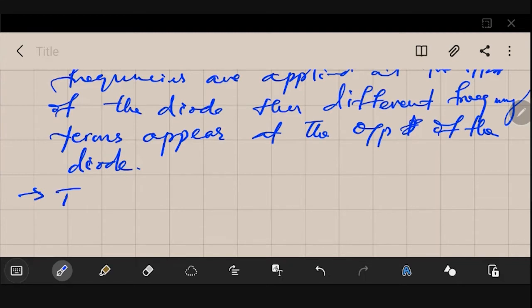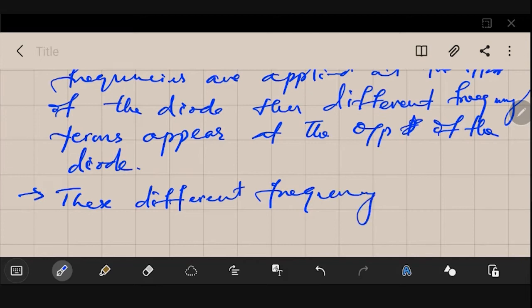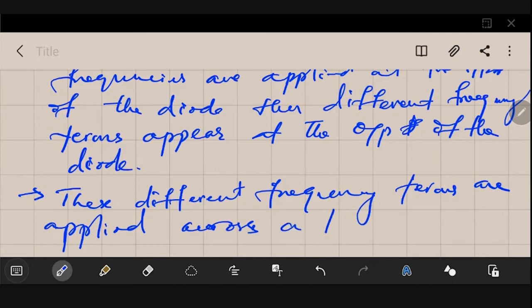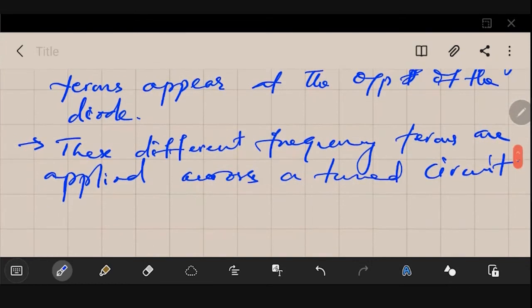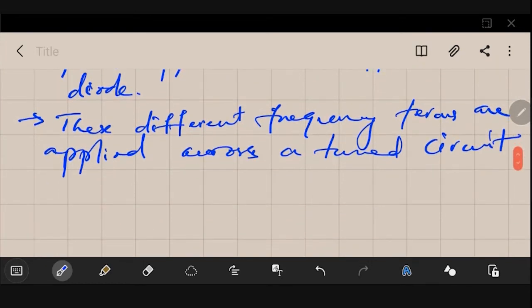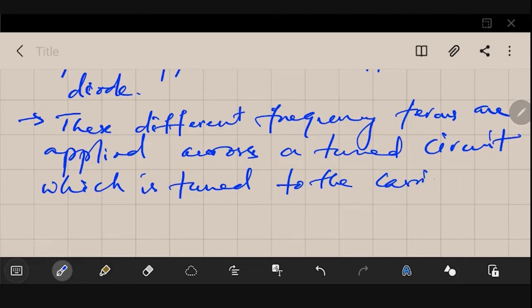So we could write that these different frequency terms are applied across a tuned circuit which is tuned to the carrier frequency.